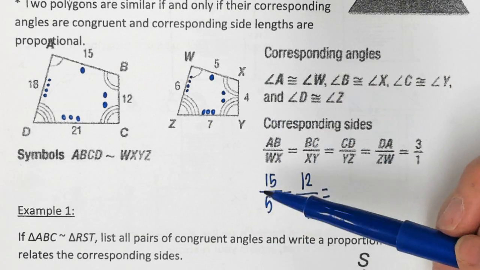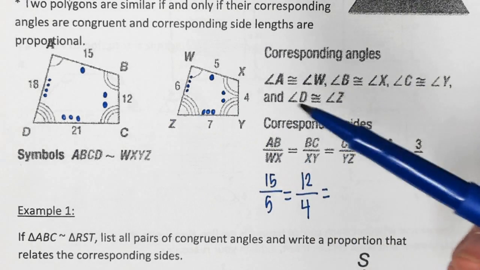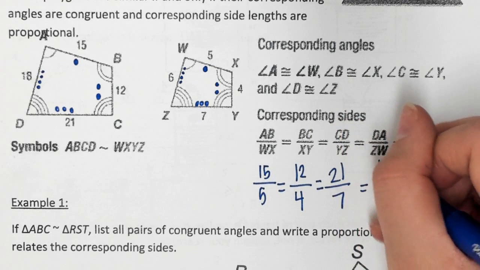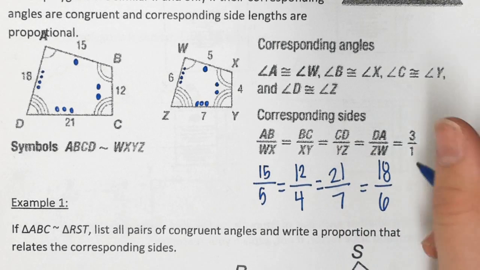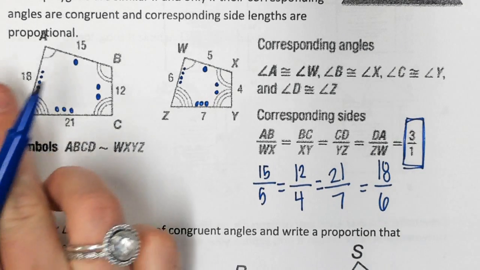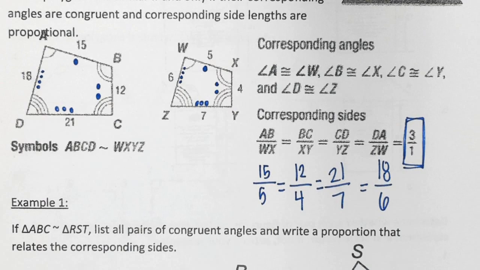AB was 15, over this side is 5. 12 over 4. 21 over 7. 18 over 6. They're all divided by 3. They all equal 3 over 1. So even though they are different sizes, they are similar. They have the same shape even though they're not necessarily the same size.